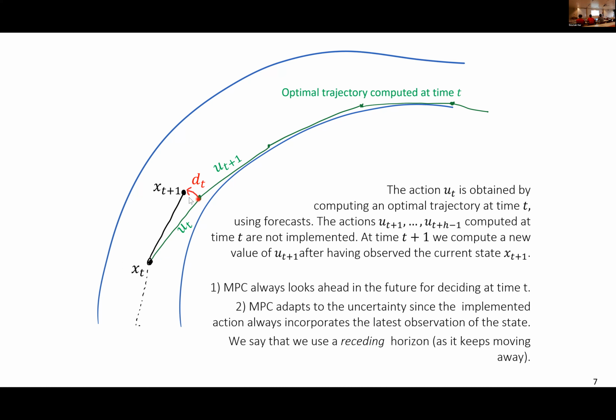But for some reason, the true place and speed that I have at the next time step will be a bit different. For the same reason as we said before, my model of the car might be a bit inaccurate. The road might have some roughness that I had not modeled, etc. So I will be here, not where I had predicted. Hopefully, I'm not too far away. And then I will do it again. From this point, I will compute another trajectory.